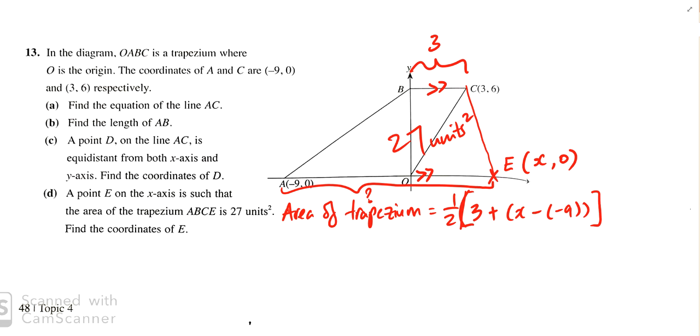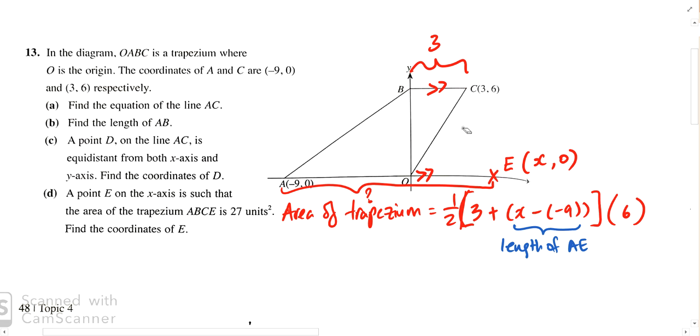Okay, so this part is the length of AE. Then we have to multiply this by the perpendicular height, which is given to be 6. Where's the perpendicular height? It's found here.